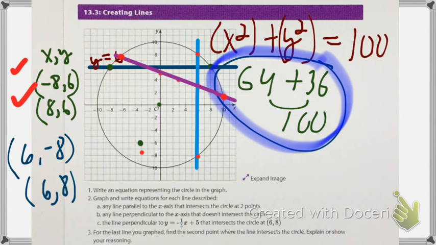I'm going to do a little bit of a guessing game here and say, I think that's the point (-6, 8) right there on the top. And I think this point over here looks like (10, 1). So I could actually verify that using the Pythagorean theorem.